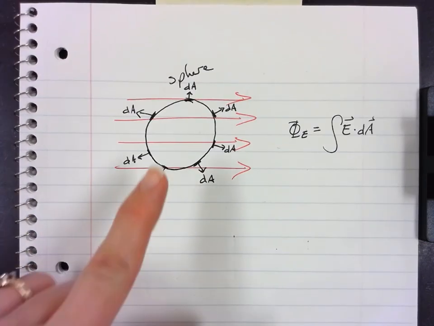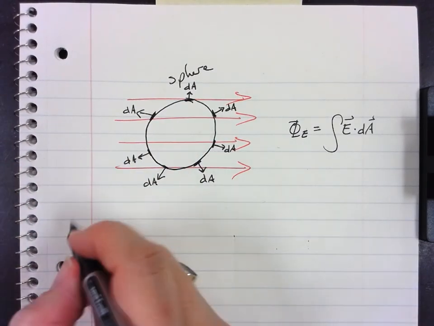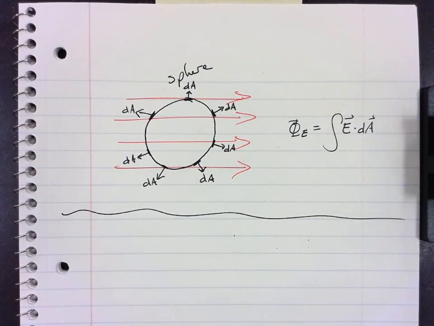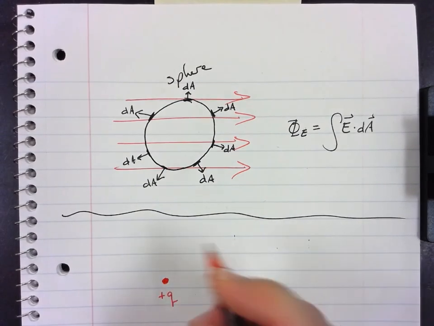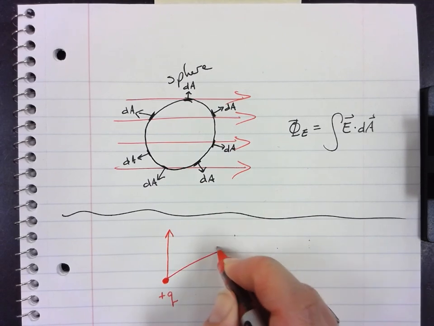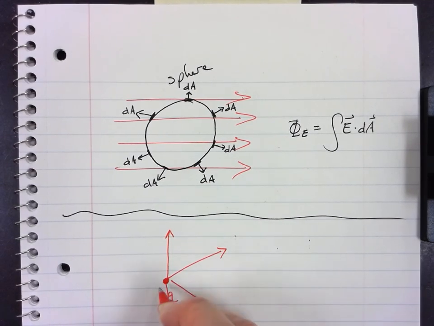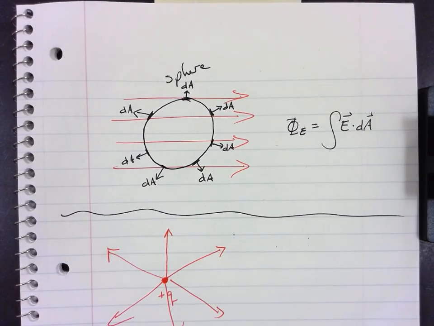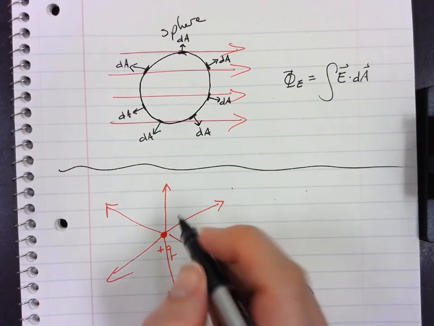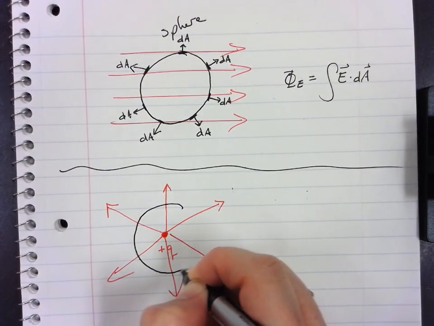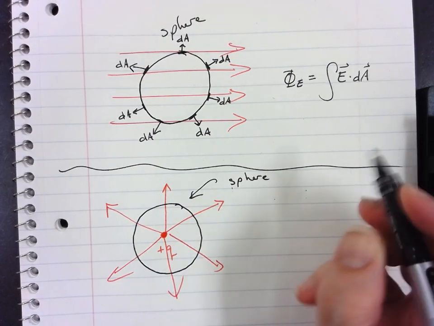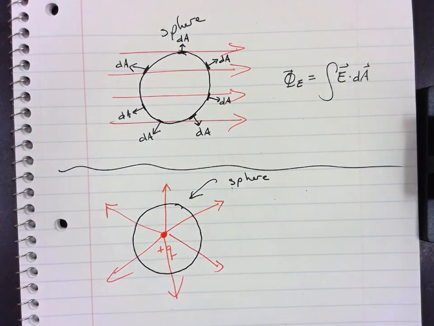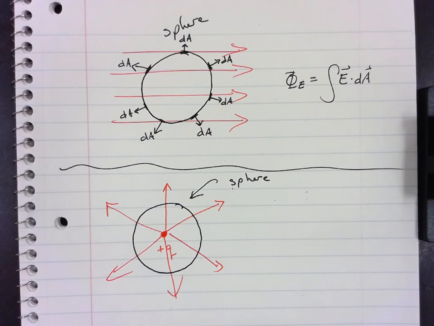So instead of this example, I am going to put a positive charge Q, and you know it makes an electric field outward. That's enough field lines. And now I'm going to draw a sphere. This is a sphere, and it is centered on Q. Pretend that that actually is true.